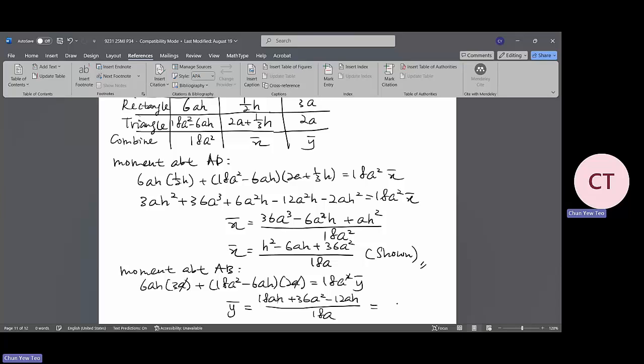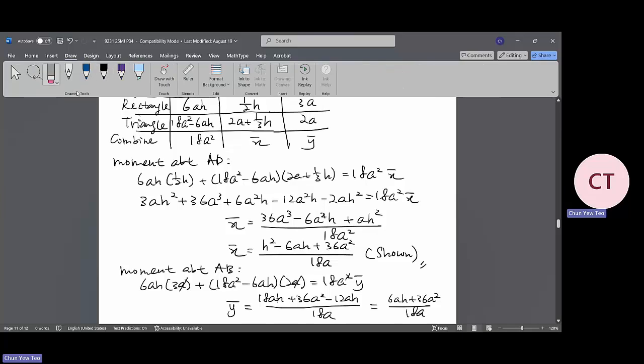Simplify it, you will get 6ah plus the 36a squared divided by 18a. All the a can be cancelled, and 6 and 36 are multiples of 6. So we can simplify it and make it become 2a plus 1/3 h. Done. This will be the answer for the bar y.